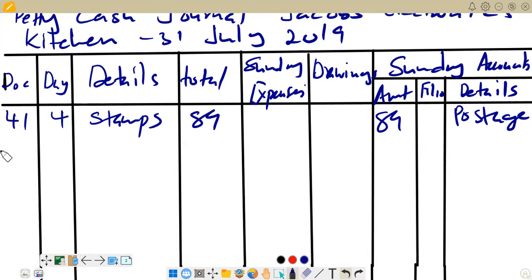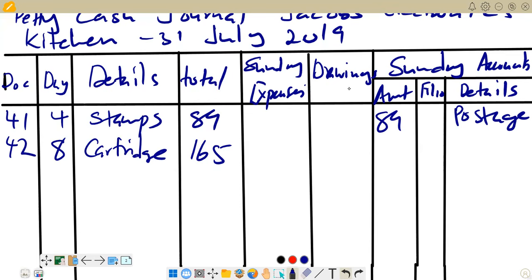So this is our petty cash journal. What we have there is document 42, on day 8, and this payment was for cartridge. The amount was 165, and you'd see that this payment does not fit under sundry drawings.